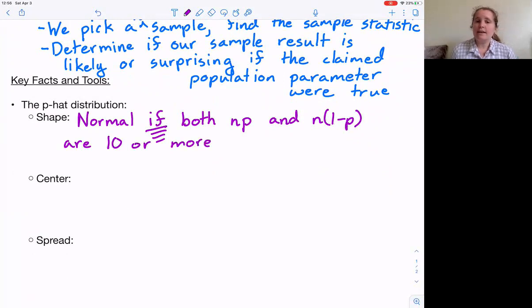In this case, again, n is the sample size. And p is going to be the claimed population parameter, the assumed population parameter.